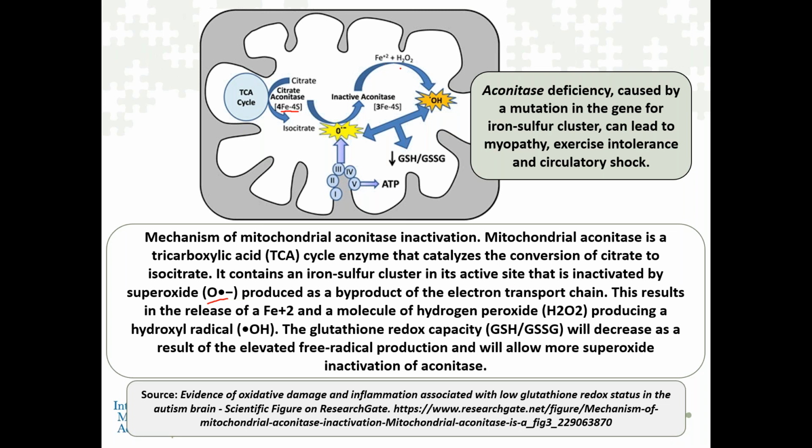And if we form hydrogen peroxide, that produces a hydroxyl radical that can't get neutralized quick enough by intracellular glutathione. It's going to rob the glutathione reserves and then leave the oxygen radicals in a position where they can disable the iron sulfur cluster, which then basically disables the enzyme.